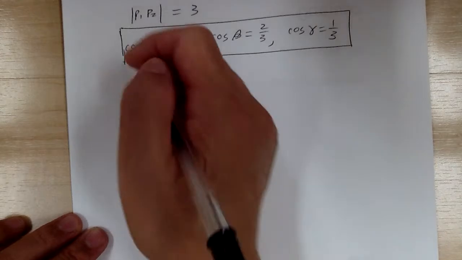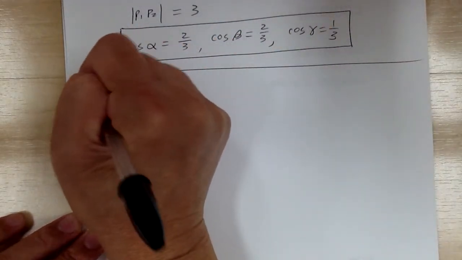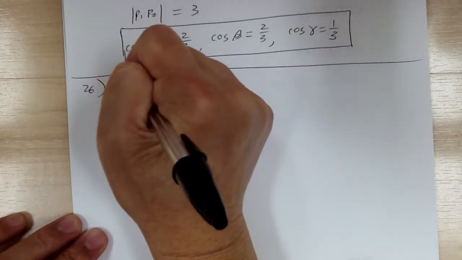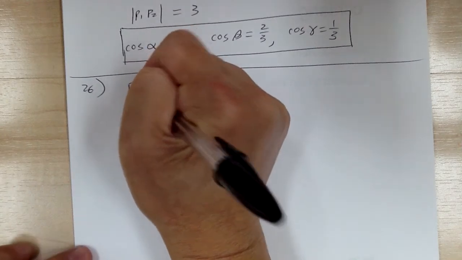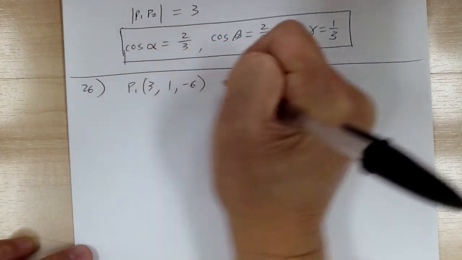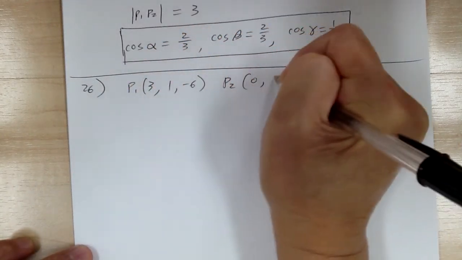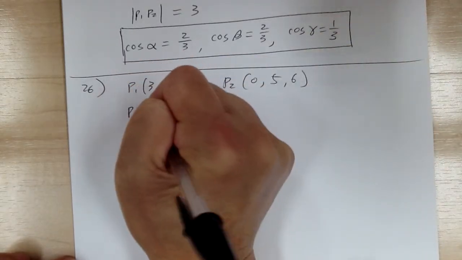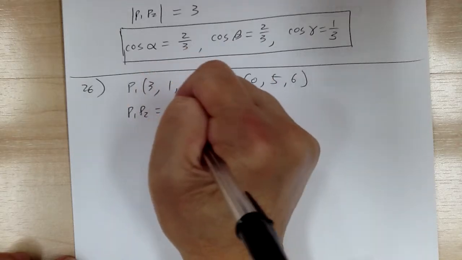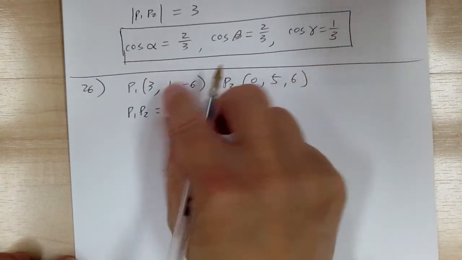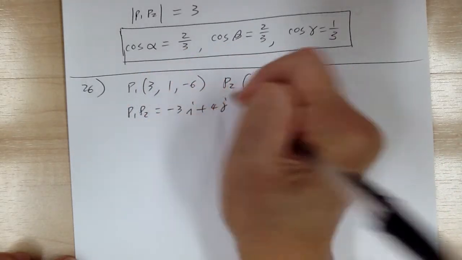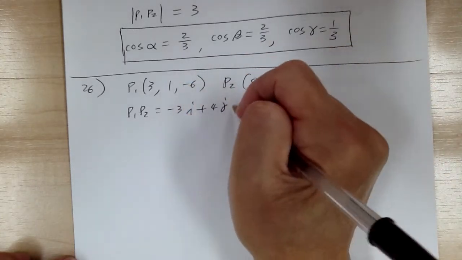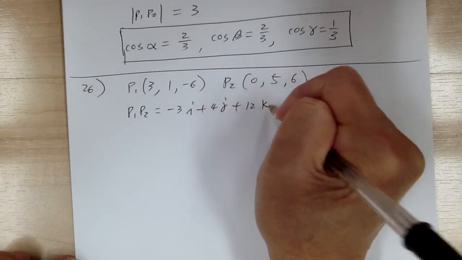Okay, let's go to 26. Do the same thing. P1 is at (3, 1, -6) and P2 is (0, 5, 6). First get your P1P2. This minus this gives you negative 3i. 5 minus 1 gives you plus 4j. 6 minus negative 6 gives you plus 12k.